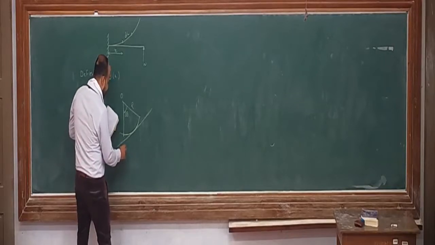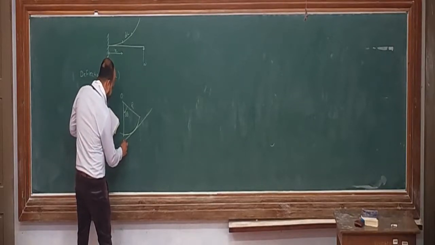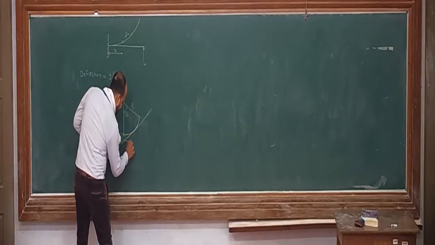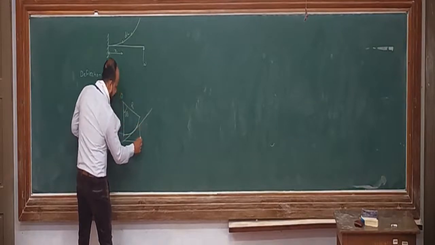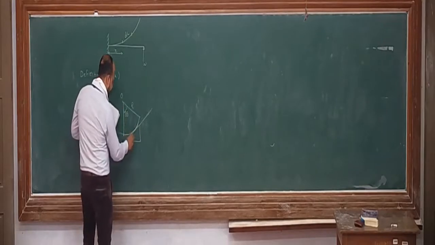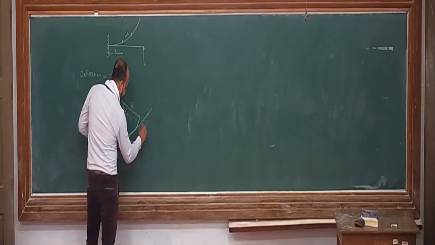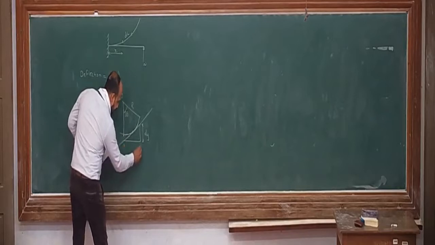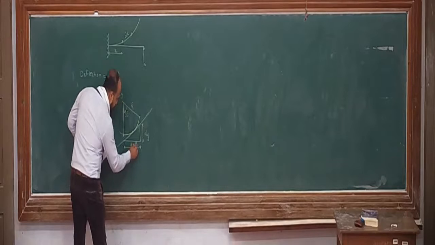Similarly, drawing these 2 points. This is nothing but the arc, similar to that arc. This is the contact point. This will be my dy, and this will be dx.